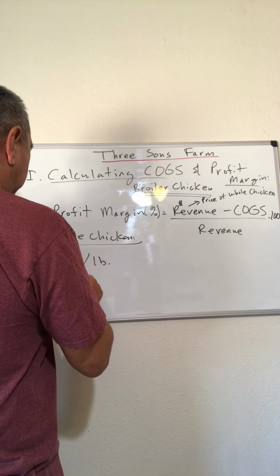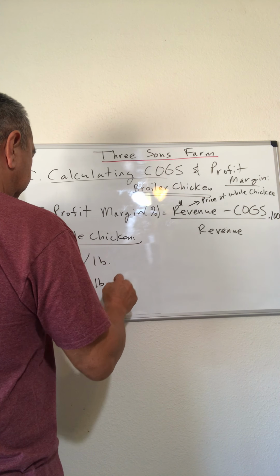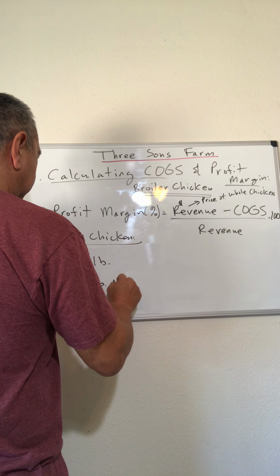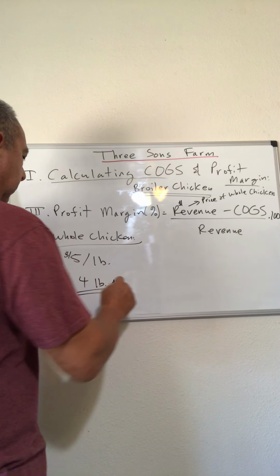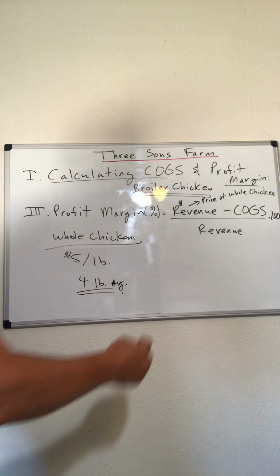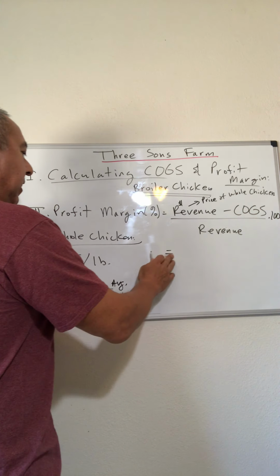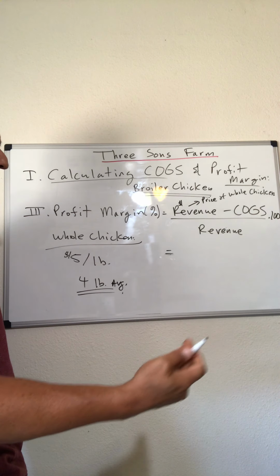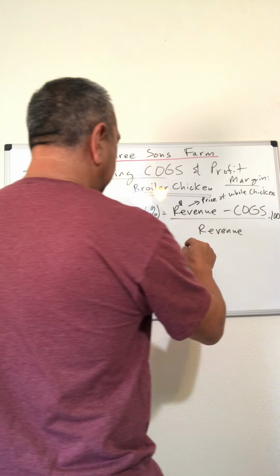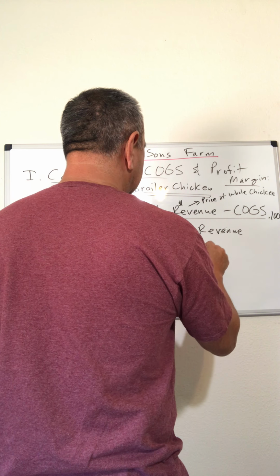But let's say it's a 4-pound average for a whole chicken. That's what you're shooting for. So then, let's just stick it in here. So the revenue then, the amount of money selling a whole chicken brings is $20 for a 4-pounder.